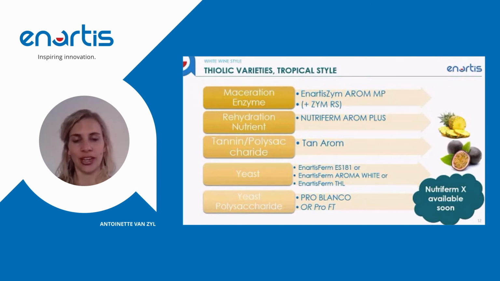You can use as a yeast either Ferm ES181, Ferm Aroma White, or Ferm THL, which is a brand new yeast in our range. As a yeast polysaccharide and a glutathione source, you can add either Pro Blanco or Pro FT, or keep an eye out for NutriFerm X, which will be available soon as a very revolutionary and powerful source of thiol precursors.